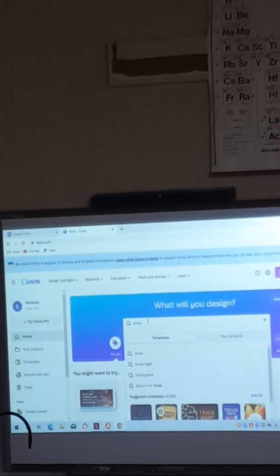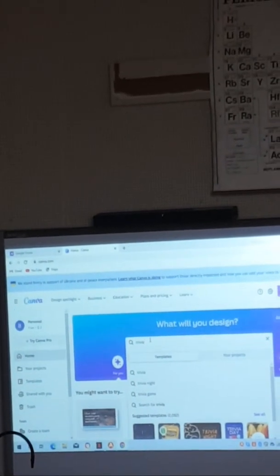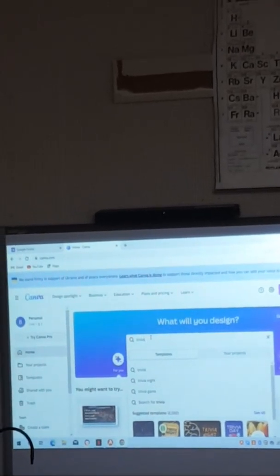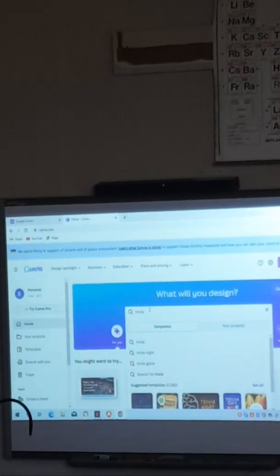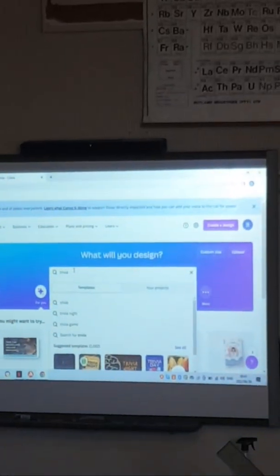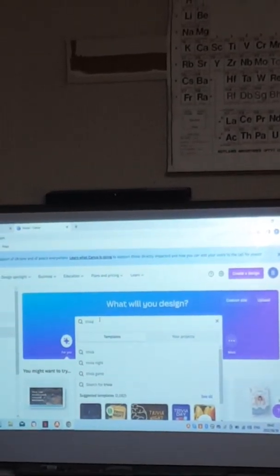C-A-N-V-A, Canva.com. Oh, you just ignore that one. If you see at the bottom, there is some word that says skip. Just skip, because I'm giving it a trial.